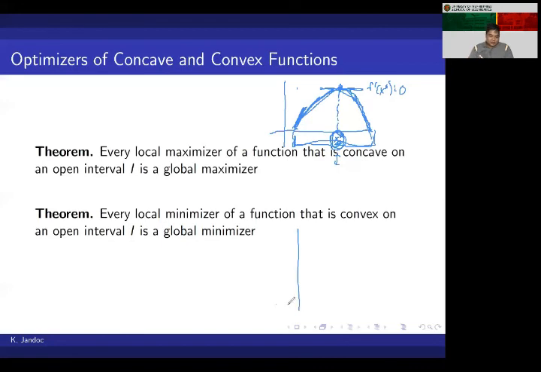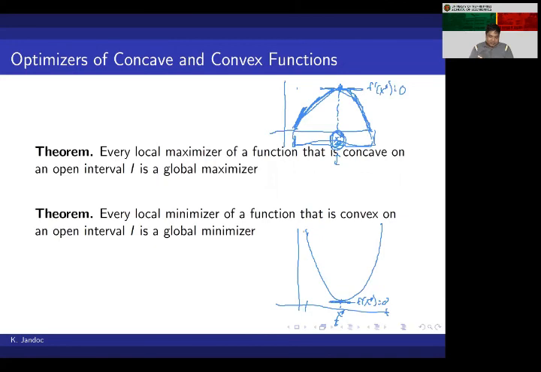The same thing for convex functions over here. Suppose you have the domain over here from this to this. This is your domain I, this interval I. And we saw from the theorem a while ago that this is a local minimizer, x star, where x star is a stationary point, meaning the slope of the tangent line at x star is equal to 0. Great. So since this is a convex function, if you go from left to right, the function is decreasing initially.